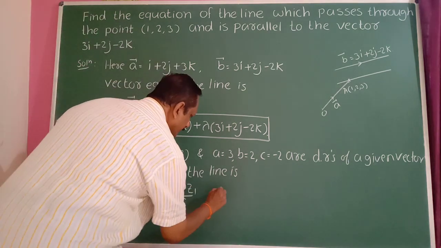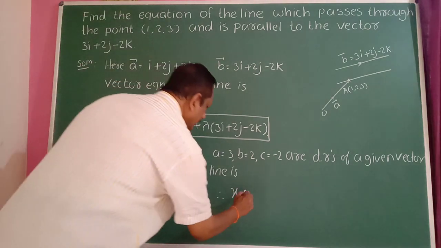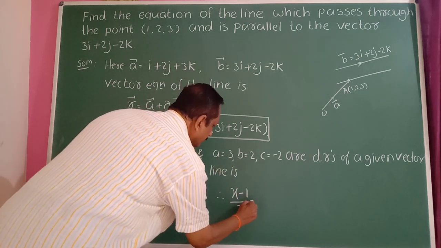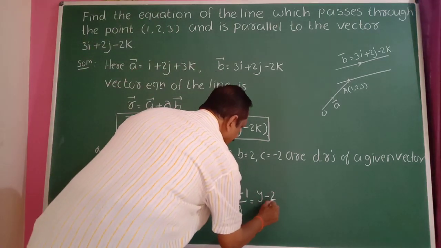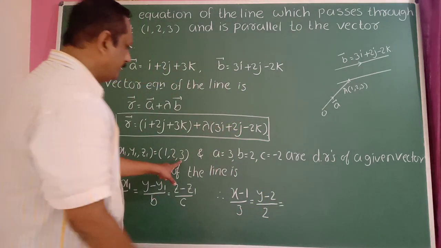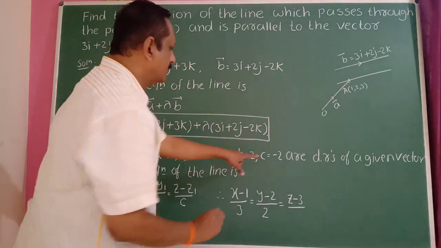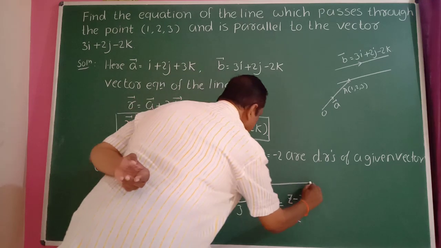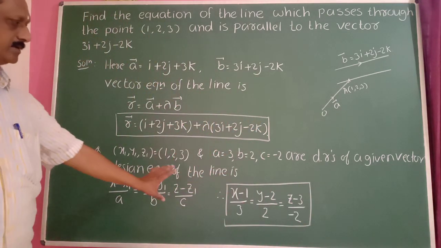So therefore, x minus x1 value is 1, divided by a value is 3, that is equal to y minus y1 value is 2, divided by b value is 2, that is equal to z minus z1 is 3, so z minus 3 divided by minus 2. Okay, c value is minus 2. So this is the Cartesian equation of the line. This is a vector form and this is a Cartesian form.